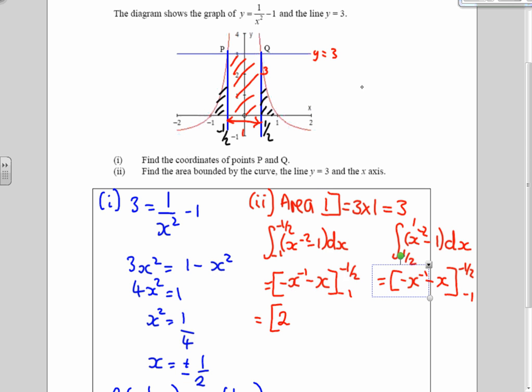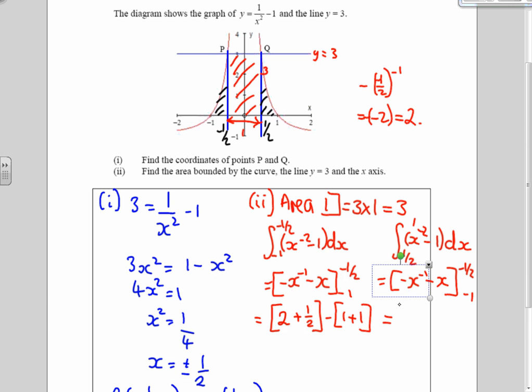Because if we have minus a half to the power of minus 1, that's just minus 2, but we have minus that, which just gives us 2. So that's 2 plus a half, minus, and putting in minus 1, we just get 1 plus 1.